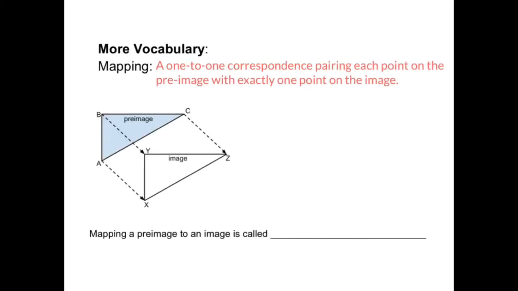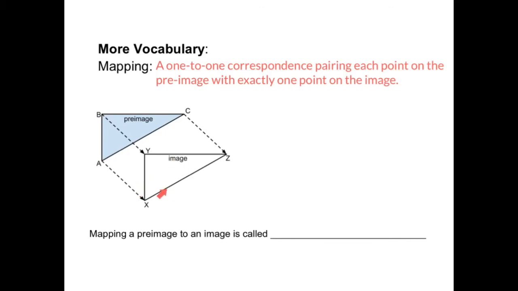Taking a look at a last little bit of vocabulary here is this concept of mapping. A mapping is a one-to-one correspondence pairing each point on the pre-image with exactly one point on the image. So this original image we call a pre-image, and after the transformation, after that isometric move, we get the image.